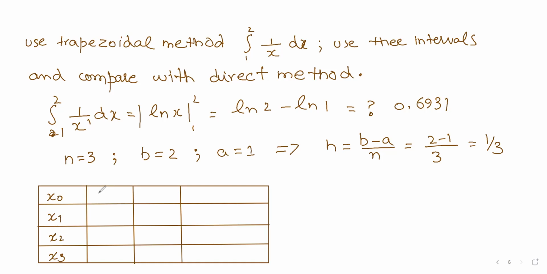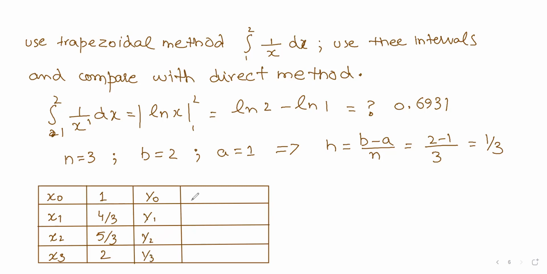What is x0? X0 is 1, and then 1 plus 1 by 3. What will be the x1? 4 by 3. And then x2, 5 by 3. And x3 is equal to 2.